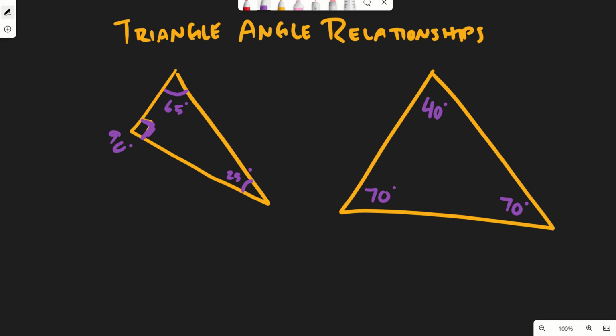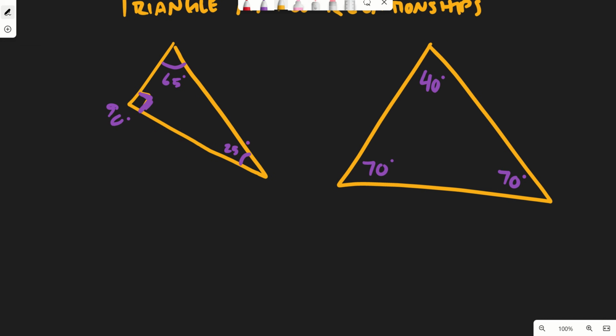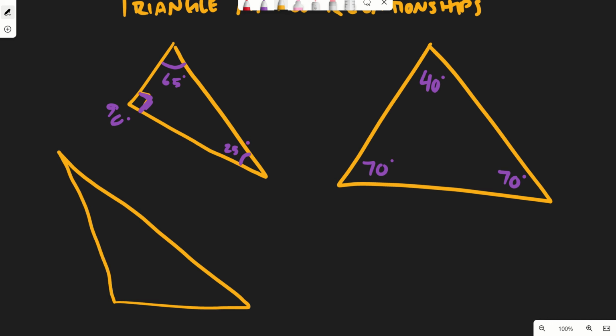Okay, so there's another triangle I have, 70 degrees, 70 degrees, and 40 degrees. And let's say I have one final triangle that looks like this here, and this is 105 degrees, 45 degrees, and 30 degrees.